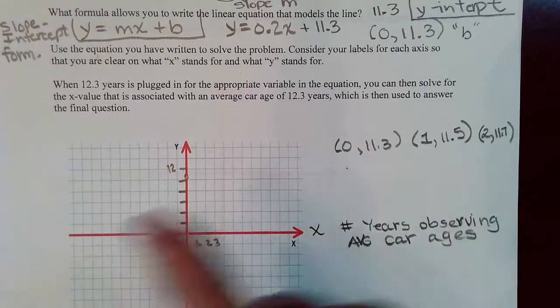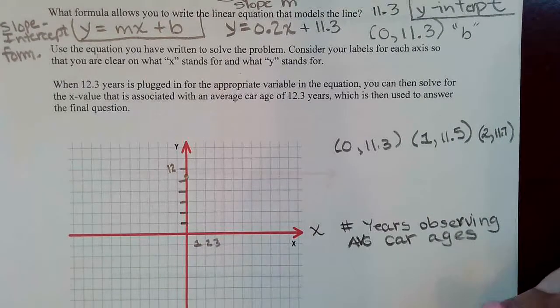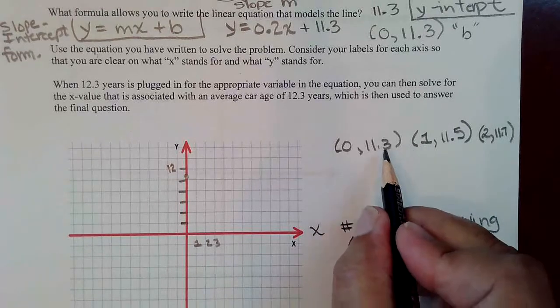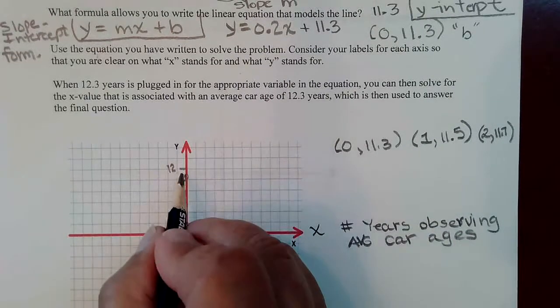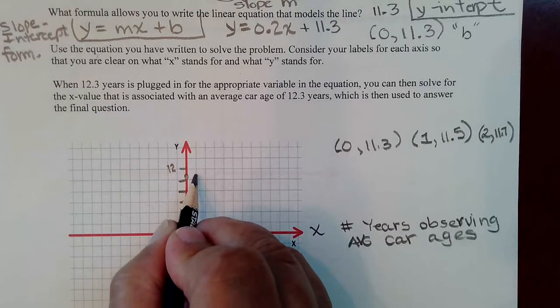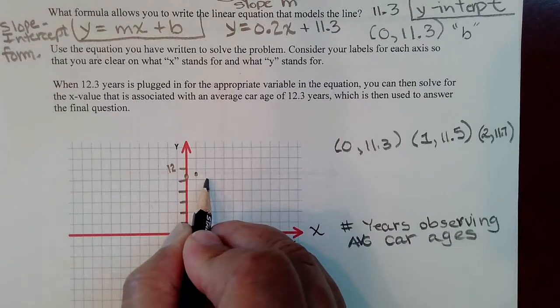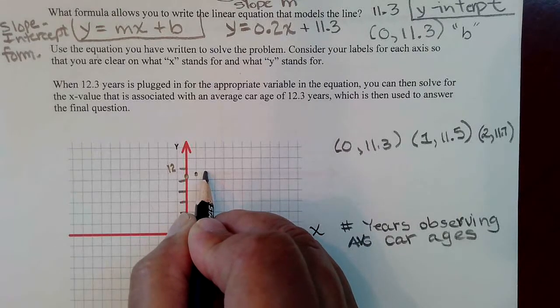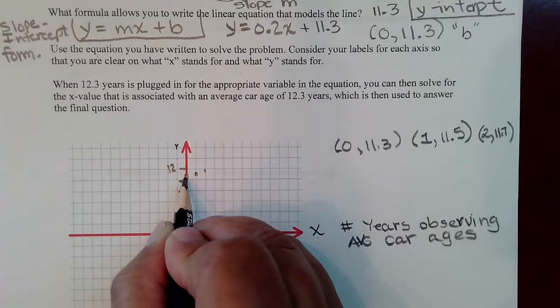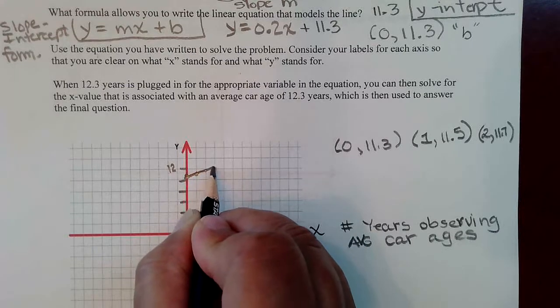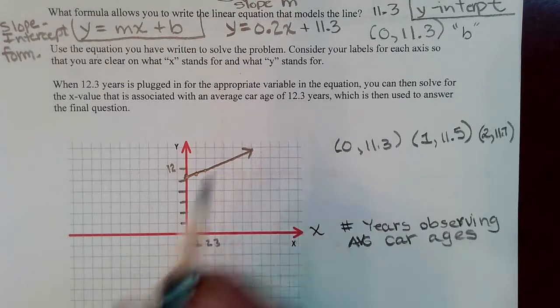So again, the reason that these line up in a straight line and that line is slanted is because of the consistent growth in the y-coordinate. So we'll just say that at 1, it's just a smidgen higher, and at 2 years, it's slightly higher than that. So it's very slowly increasing upward and to the right.